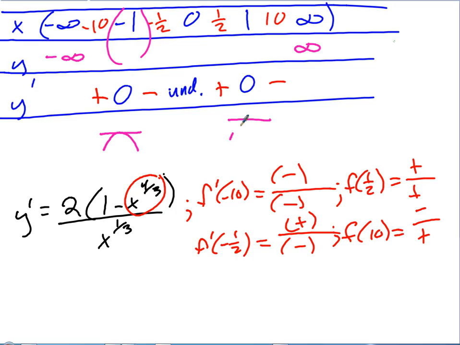Horizontal tangent, increasing to decreasing. Now what about this guy? How's that going to look when I make my little sketch? Okay, sharp, decreasing to increasing, so like that. Right? Or a V, whatever you want to make, but just remind yourself that it's a sharp corner.